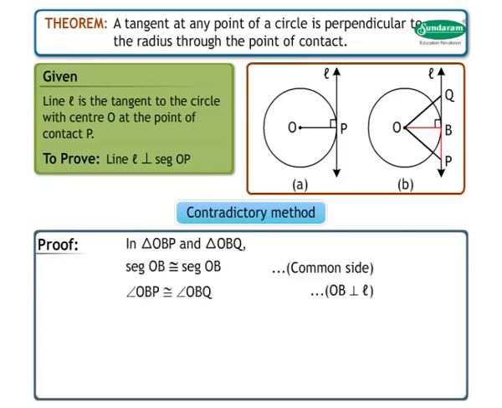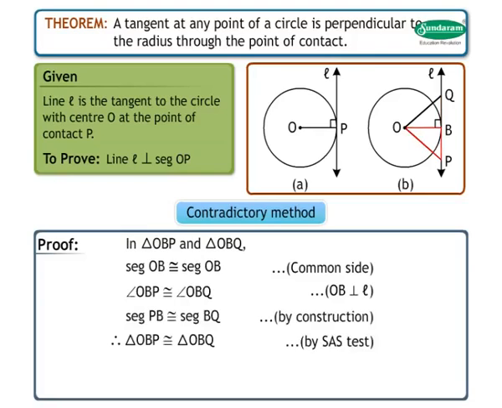Angle OBP is congruent to angle OBQ because OB is perpendicular to line L. By construction, segment PB is congruent to segment BQ. Therefore, triangle OBP is congruent to triangle OBQ by the side angle side test.